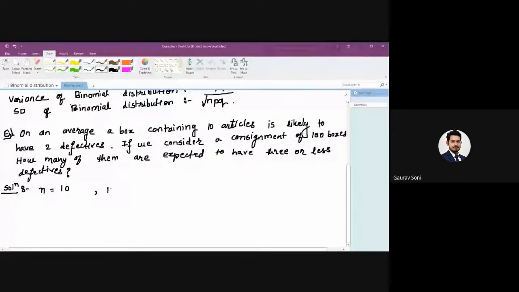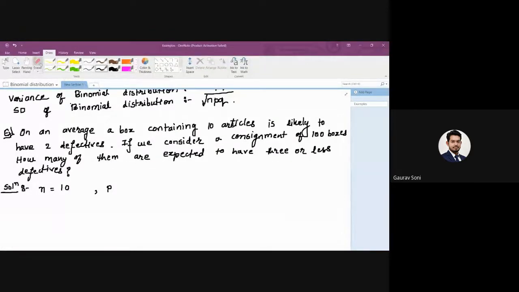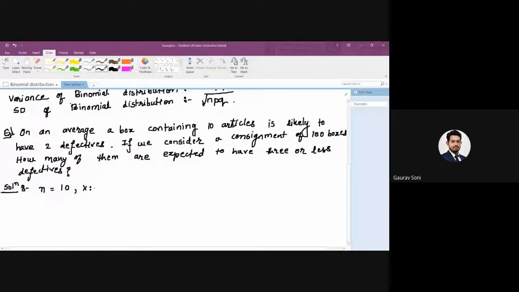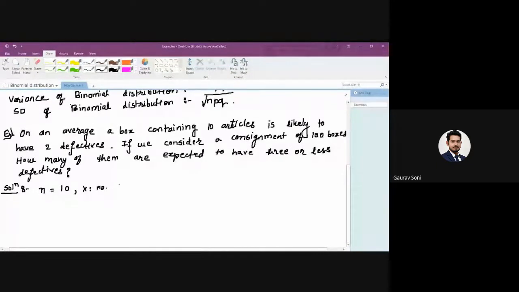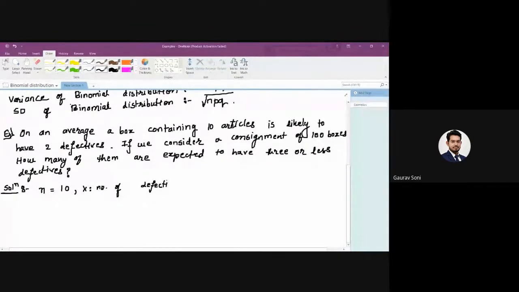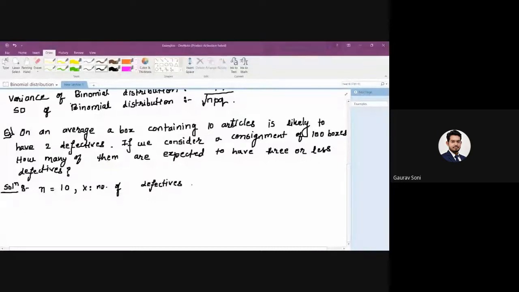What is the probability of success? One by five. First of all, my random variable x is the number of defectives.